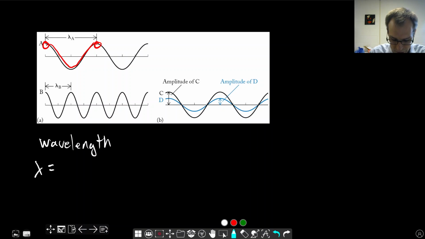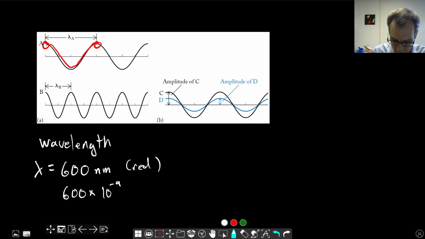So something like 600 nanometers is on the edge of the visible wavelength. This will be a reddish color. And just remembering our prefixes here, this is 600 times 10 to the minus 9 meters. So quite small, a very small distance in terms of the wavelength. But wavelengths for electromagnetic radiation can be very large as well.